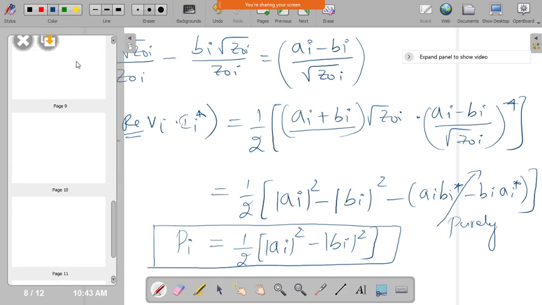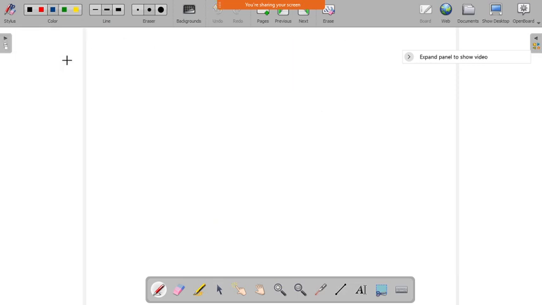If I take the generalized scattering matrix for different port impedances, in terms of normalized incident and reflected voltage, we can write B equal to S into A, where B is the reflected voltage and A is the incident voltage, normalized with respect to the port impedances Z0.